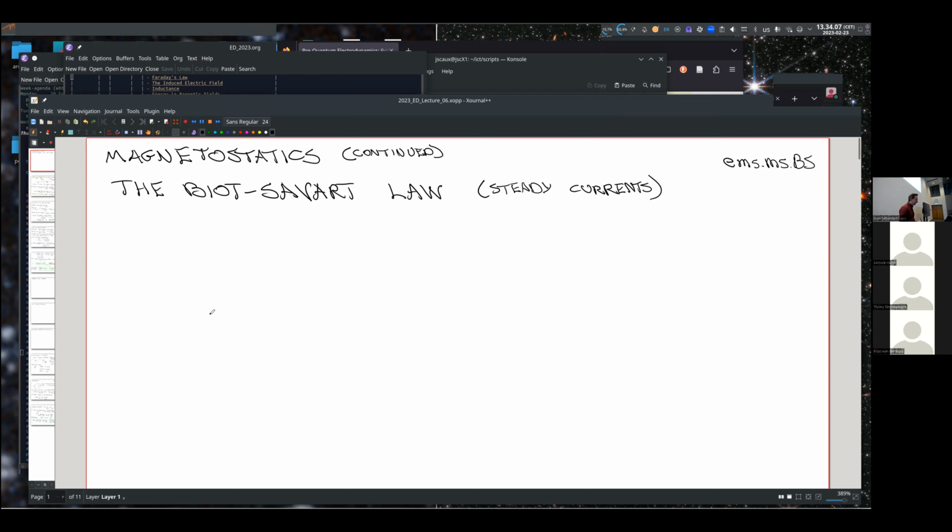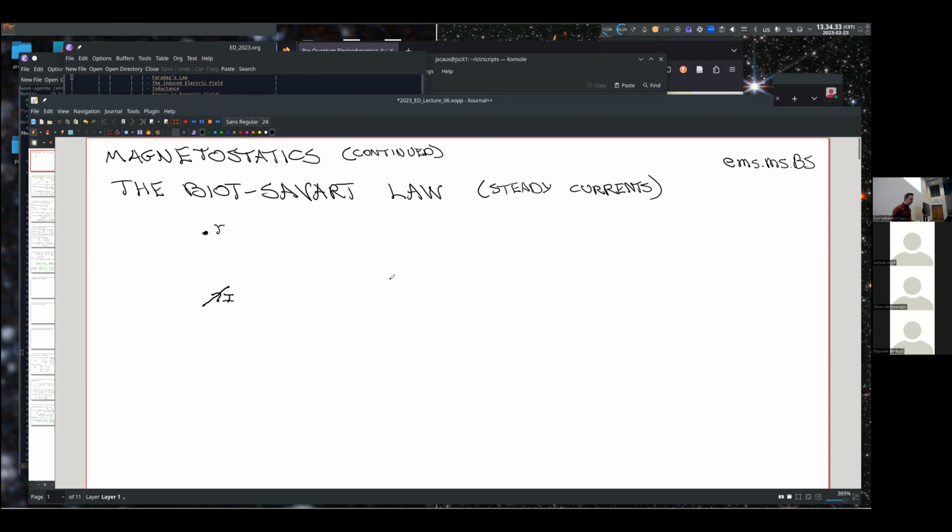Well, it tells you that if you were to have a certain amount of current, say you've got a little piece of wire like this carrying a certain amount of current in a certain direction, and you were to put an observation point somewhere in space here, you would feel a magnetic field at this point coming from this here.